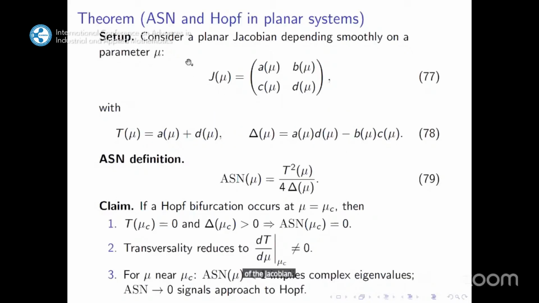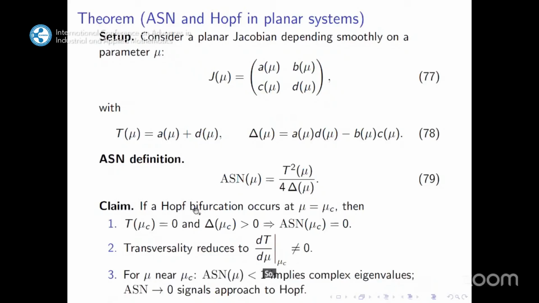All right, so we consider this planar Jacobian depending smoothly on the parameter mu. So we have that Jacobian there with the following trace and determinant. So in this case, the Atangana strength number will be given by equation number 79.